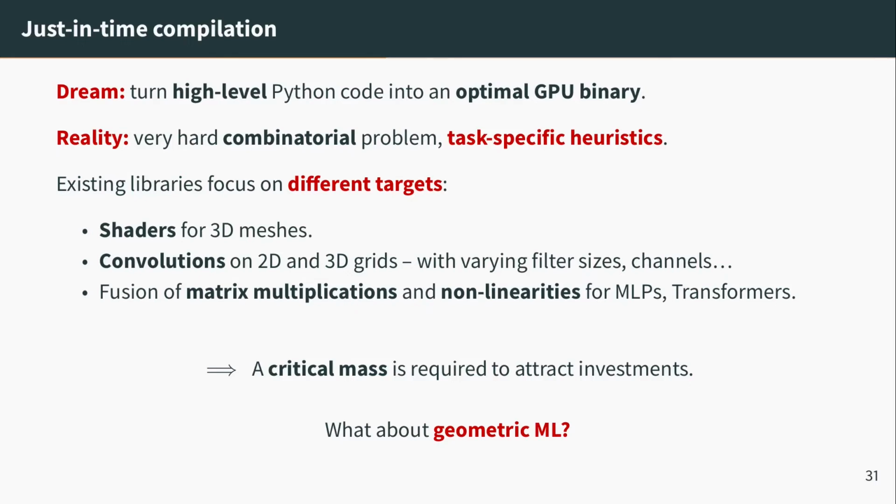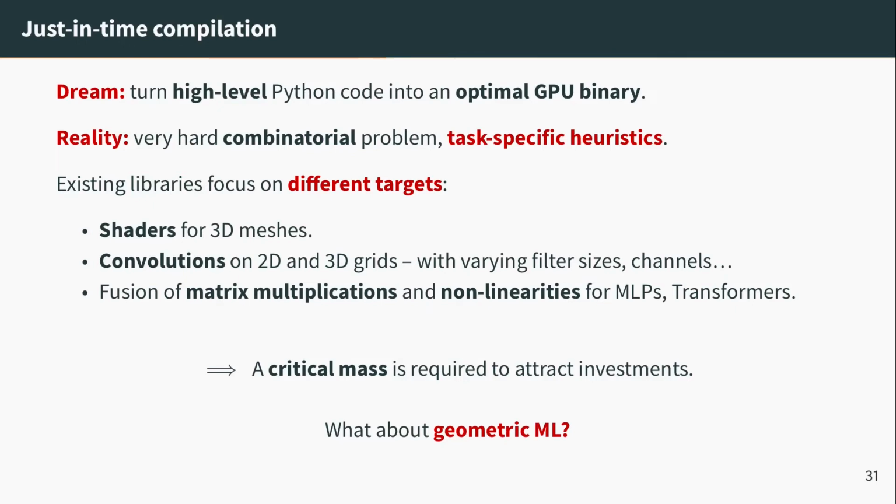Obviously, just-in-time compilation in general is operator fusion. But what kinds of operator fusion are optimized well enough? Well, it's up to the developers of the library. Skilled CUDA developers are very expensive. So in practice, you just target what is critical to your business, right? And you leave the rest to the community.